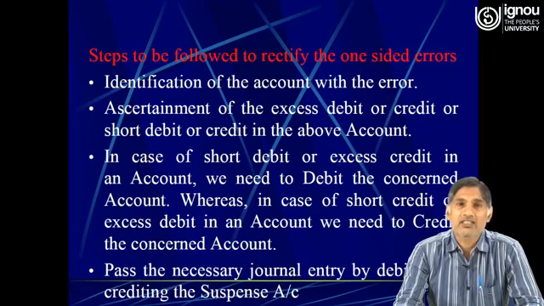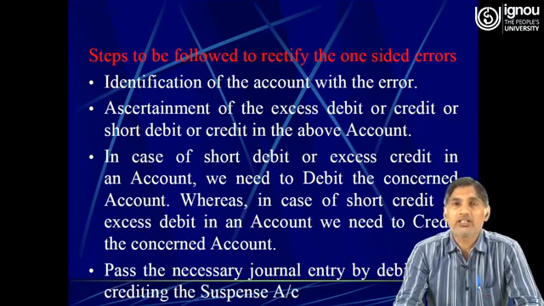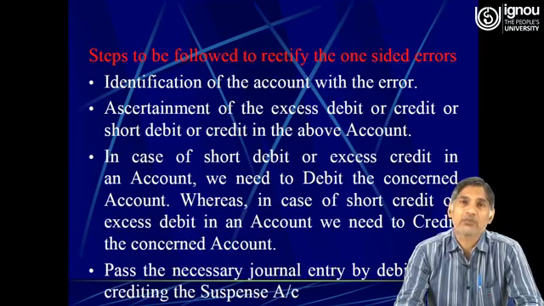Second one is ascertainment of the excess debit or credit or short debit or credit in the above account. So once the account is identified, then we need to see how much excess debit or credit has been made or how much short debit or credit has been made in that particular account.